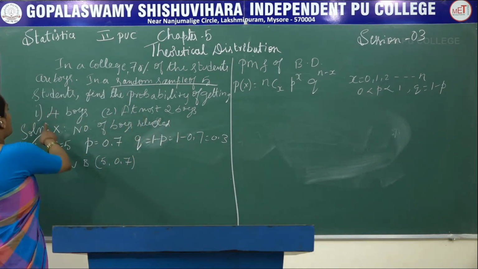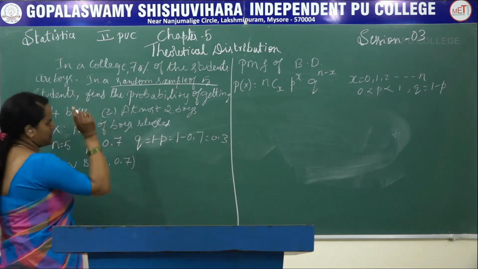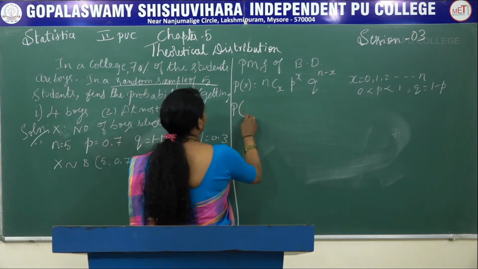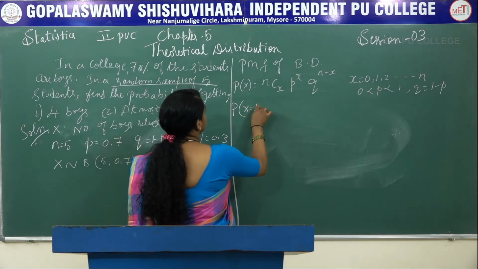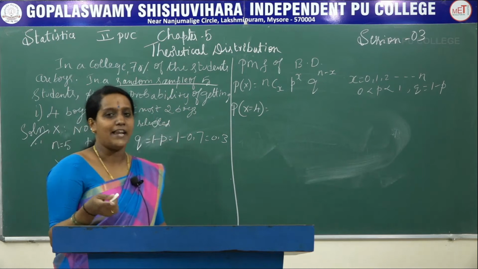Our first problem is to find the probability of getting 4 boys. So x equals 4, and we know the n value, x value, p and q values.